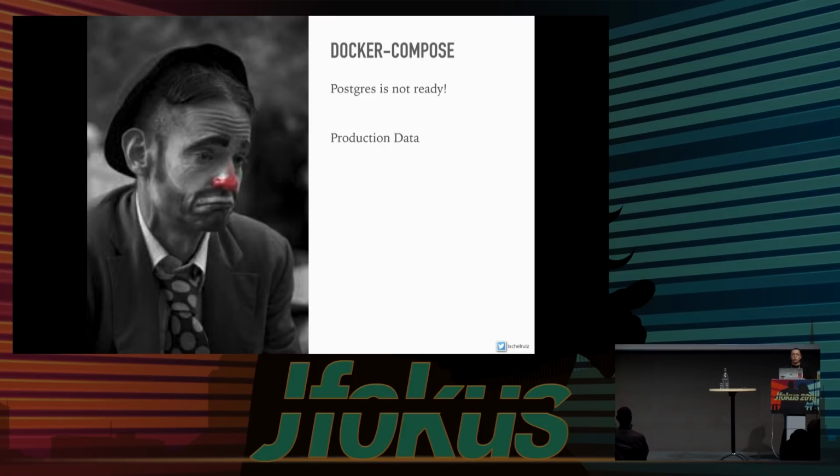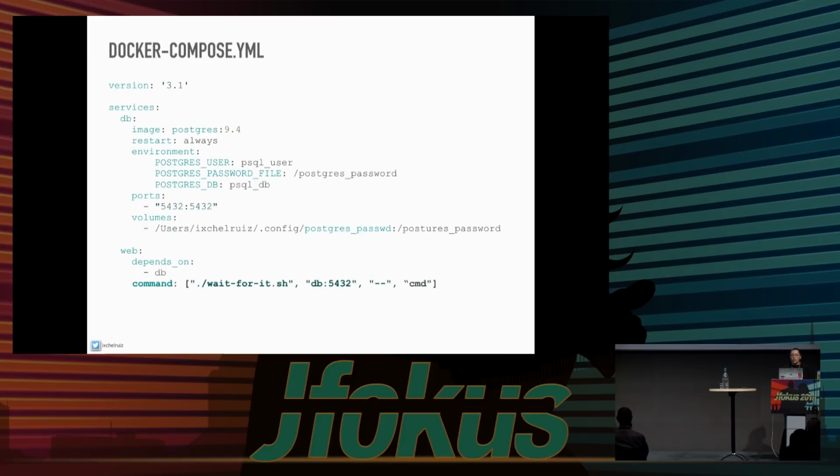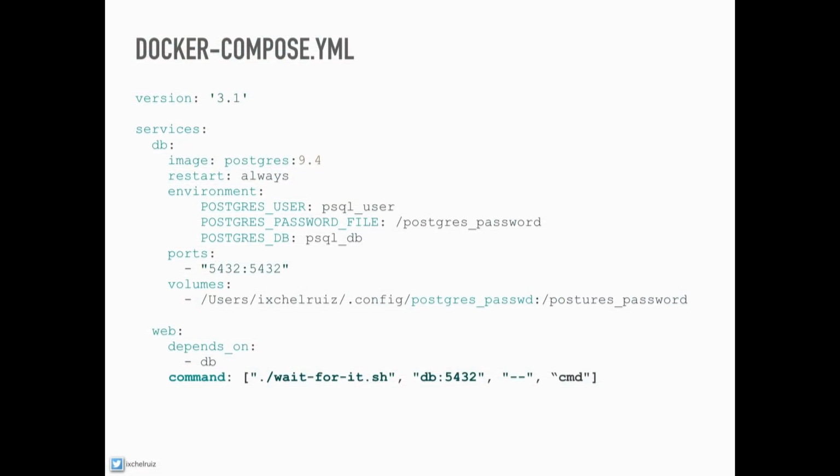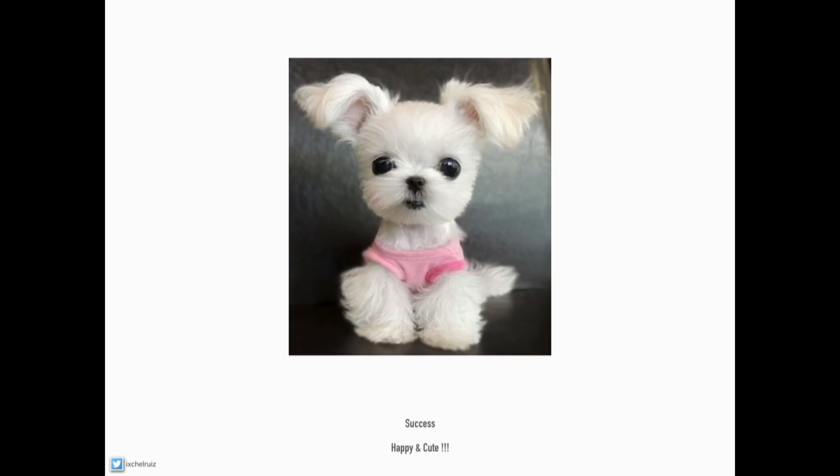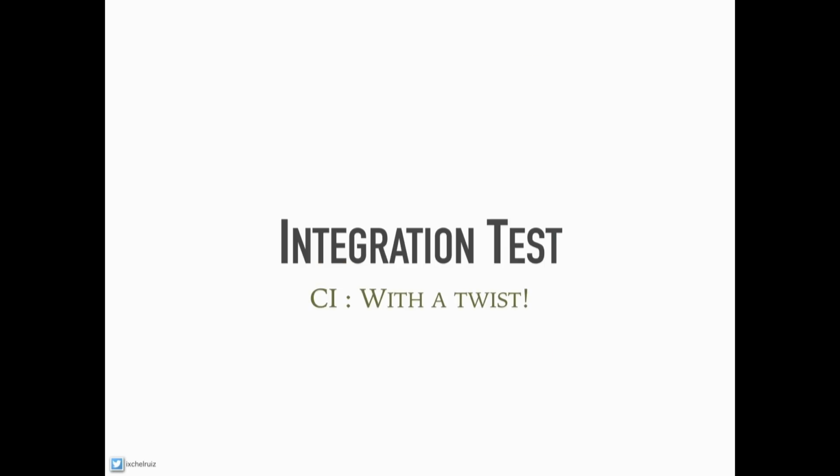The container was starting, but the ports were not ready, or the database was still not accepting connections. At that point, we learned of wait-for-it, which was super nice. We were waiting for the container to be listening on port 5432. Now you can also use health checks, which is nice, so we were happy.